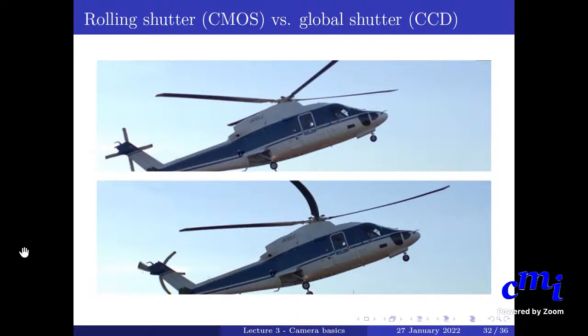Actually there is a nice, let me just stop sharing this. I had a nice animation of this, or we can just find it online. It was online only. So the global shutter, what it does, and the rolling shutter, what it does.